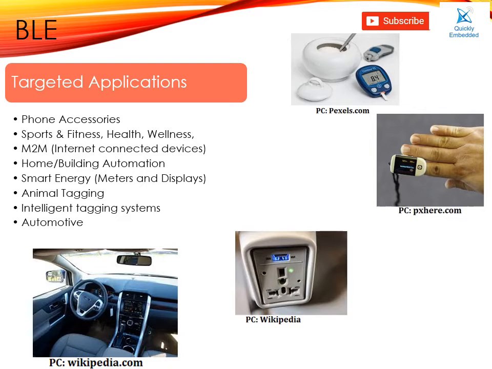BLE has a data rate of 1 megabit per second, but it is not optimized for file transfer purposes. BLE is designed for sending small chunks of data, that is exposing the state. It's good for small discrete data transfers. Data can be read at any time by the client, right? And it is very suitable for Internet of Things.